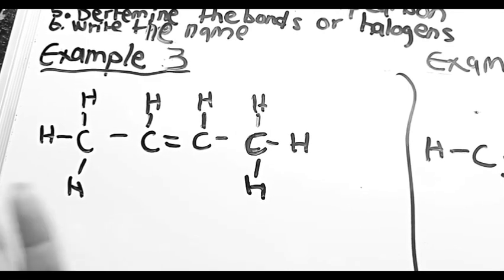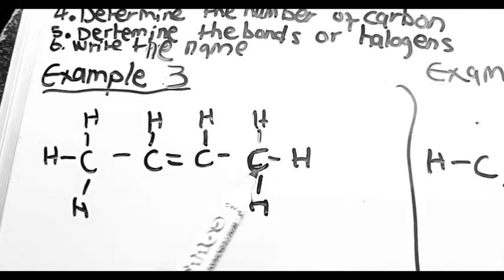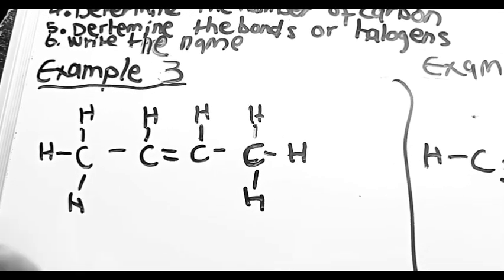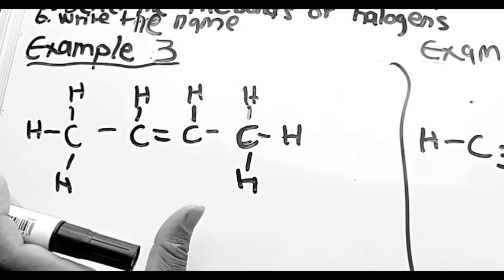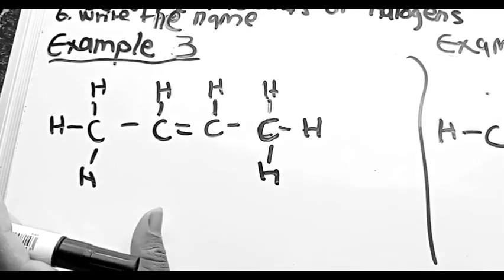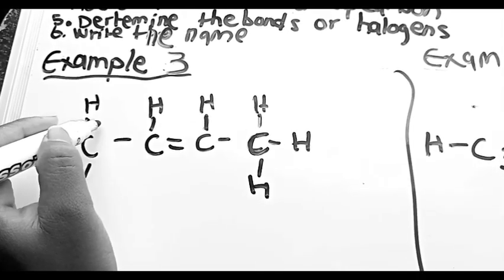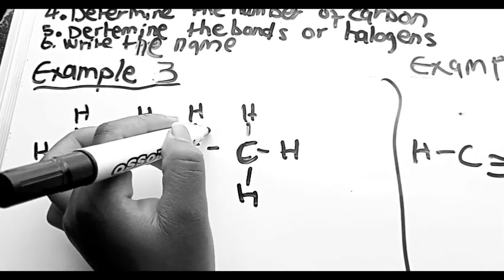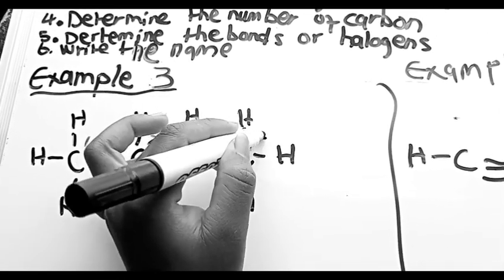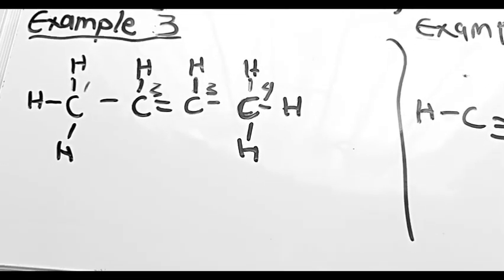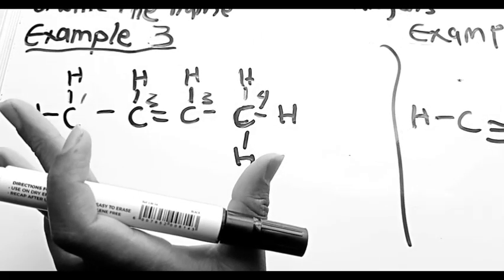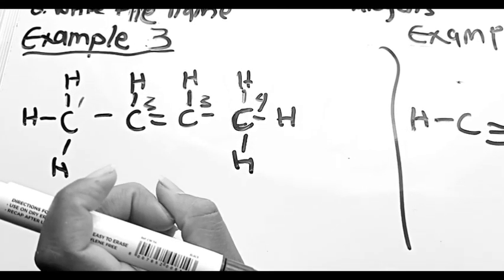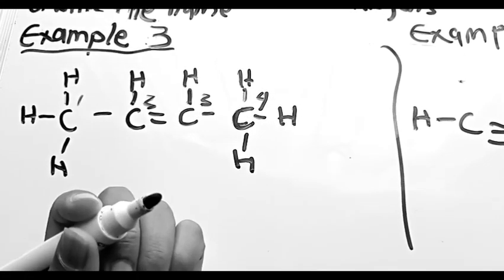So basically this one is the straight chain 1, 2, 3, 4, right? It doesn't have branches, so this one is very easy. You can write 1, 2, 3, 4, right? So how many carbons? We have 4 carbons, we do not have a branch.